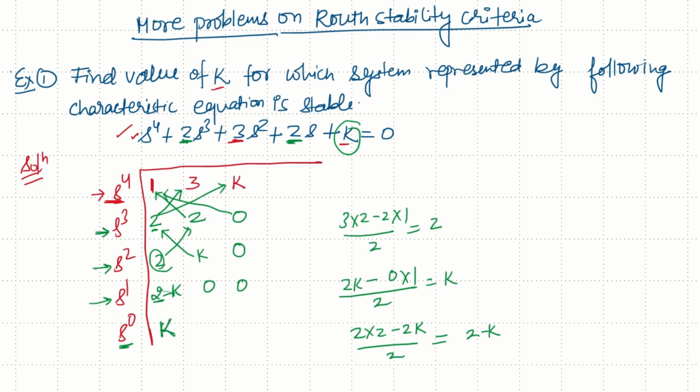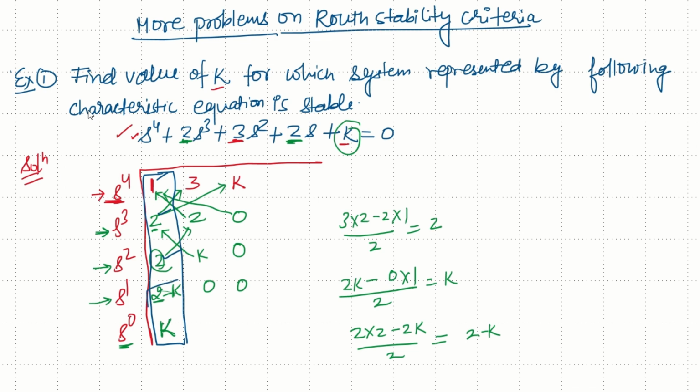Now, it is given in the question that the system is stable. The condition for a stable system is that there should not be any sign change in the first column of this Routh table. So, this is positive, this is also positive, this too.